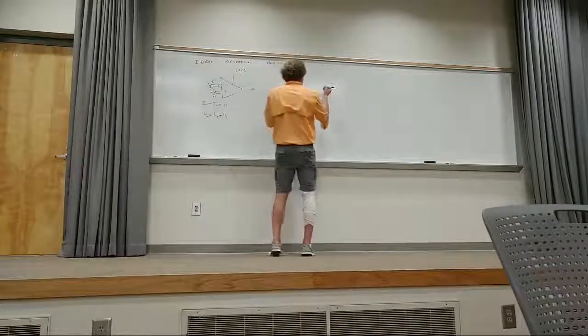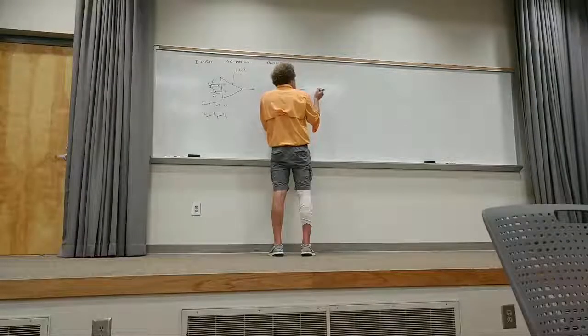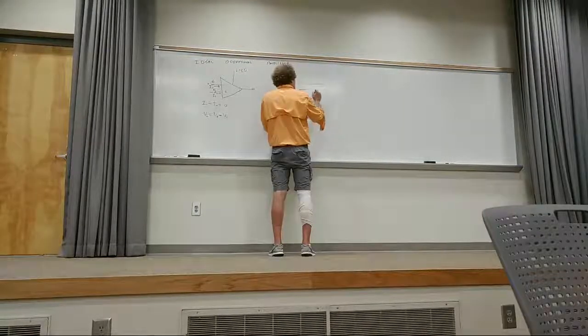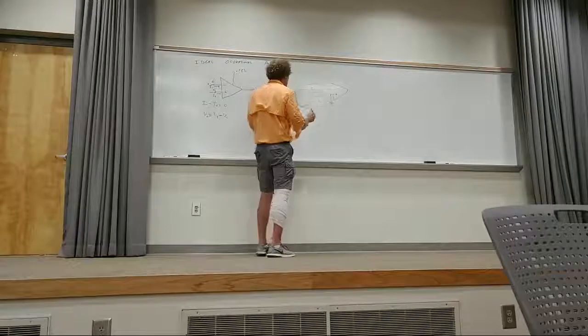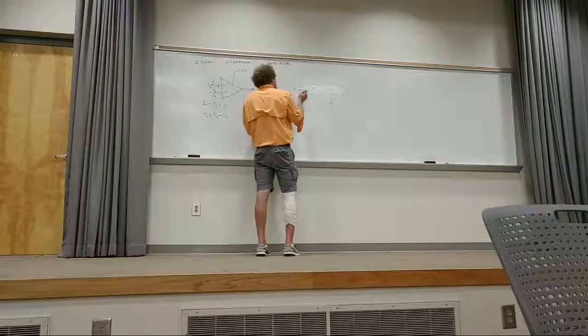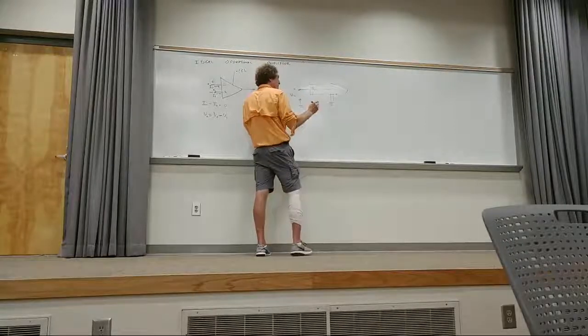We start by saying, if you have some impedance, and I'm going to call it Z1 here. Z1 could be anything. You plug that into the negative terminal of the operational amplifier, and take the positive terminal and ground it. Here is going to be the input voltage, Vn.